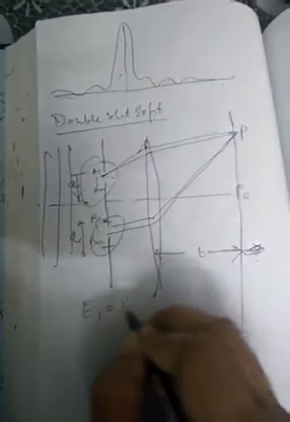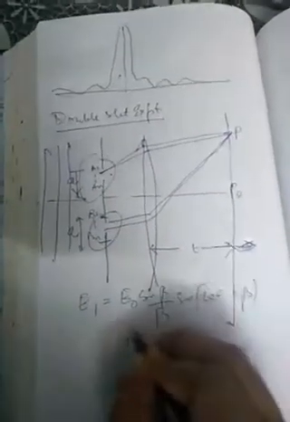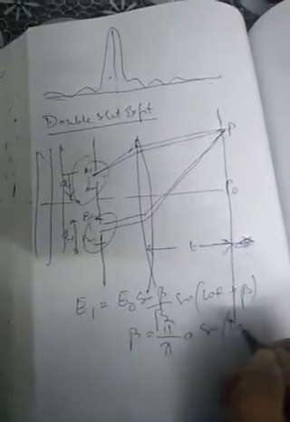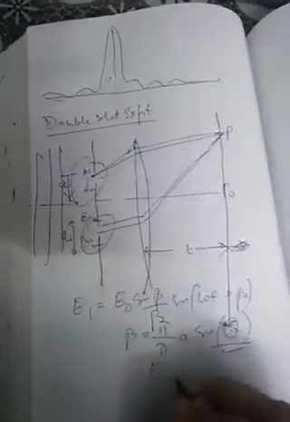The calculations will be the same. Here one pattern is E naught sine beta by beta sine of omega t plus beta, where beta is equal to pi by lambda a sine theta, and E naught is equal to n into a.